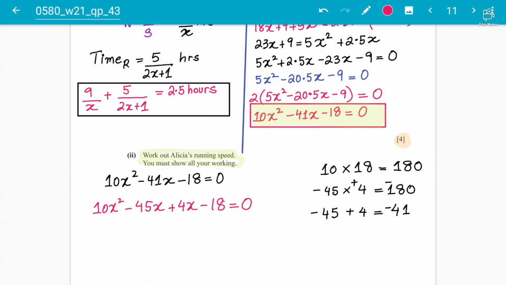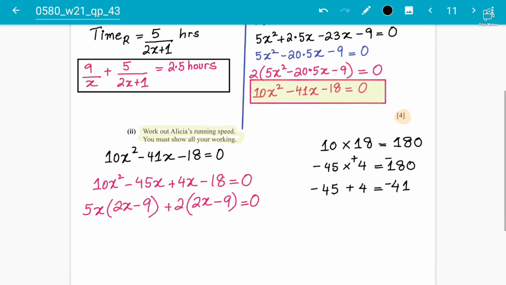Here you go, you can take 5x common from here, so it will be 2x here, 5 nines are 45, so 2x minus 9. You can take 2 common here as well, so it will be 2x and minus 9 there, is equal to 0. It is going to be 5x plus 2 and 2x minus 9 equal to 0.